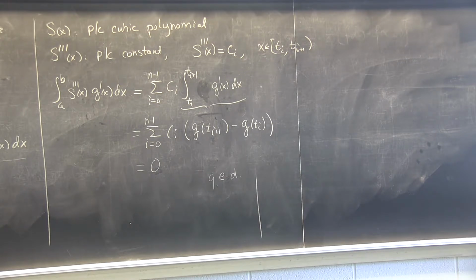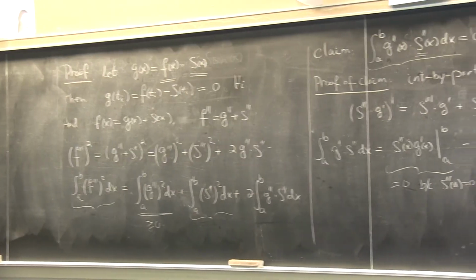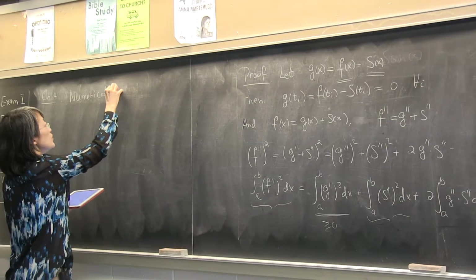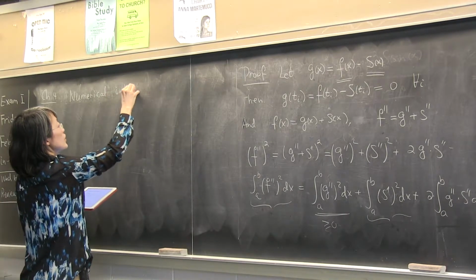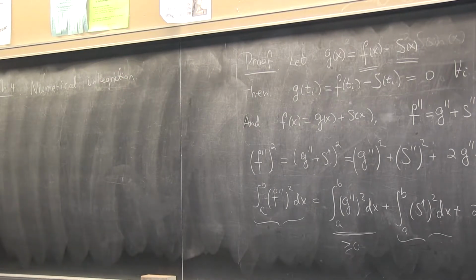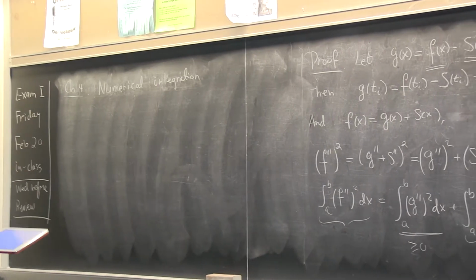All right, move on. The next chapter is a chapter still closely related to polynomial interpolation. Now we're going to integrate. So, numerical integration. This is also called numerical calculus, because calculus is about integrals.